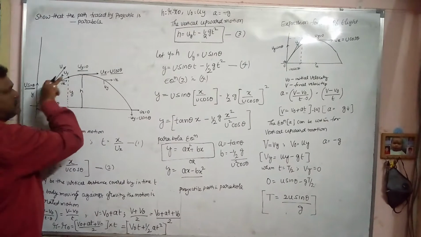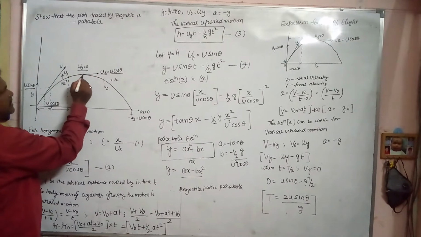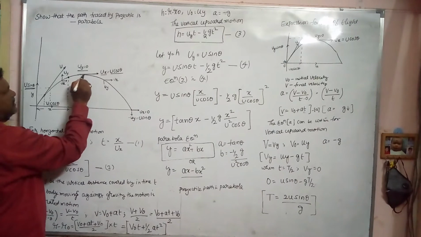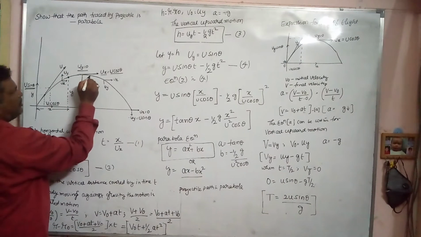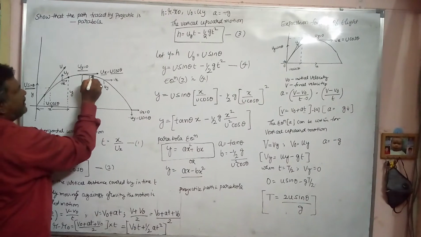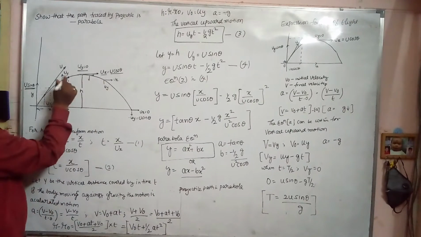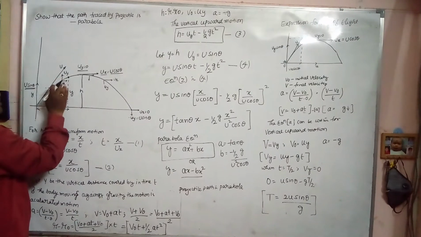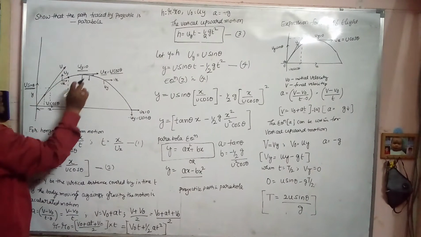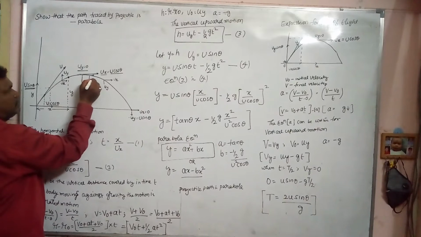Here the horizontal motion will stop. And once again, beyond this place, the y component will exist, but in the opposite direction. Here it was moving against the acceleration, so that's why it showed the upward direction. Now it is coming in the downward direction.